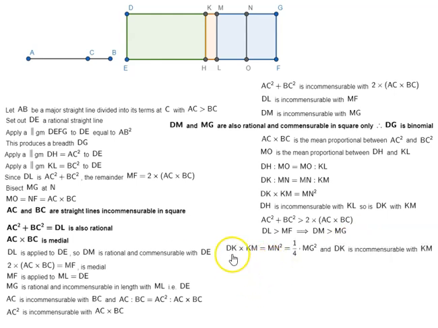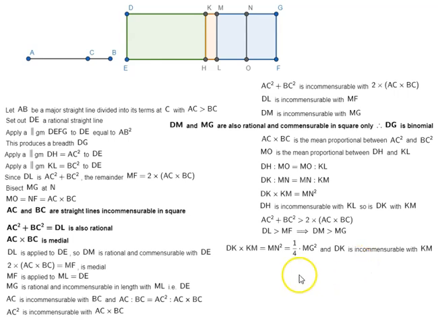So we have DK by KM is equal to MN square, which is equal to 1/4 of MG square. If you take the square on MG and the square on MN, you will notice that since N is the midpoint, MN square is going to be 1/4 of MG square. And we know that DK is incommensurable with KM.